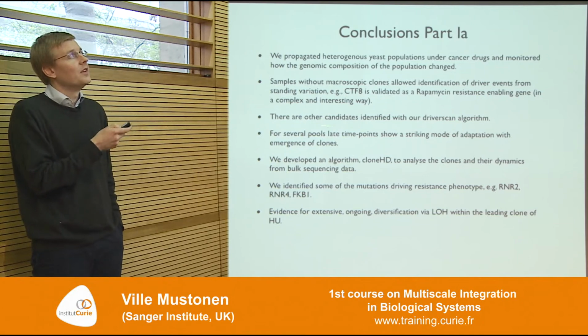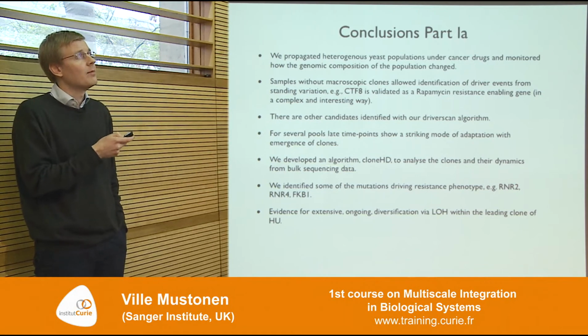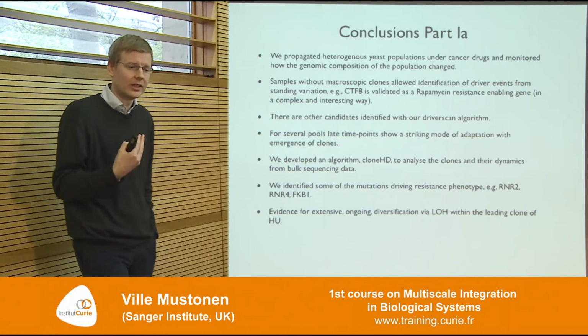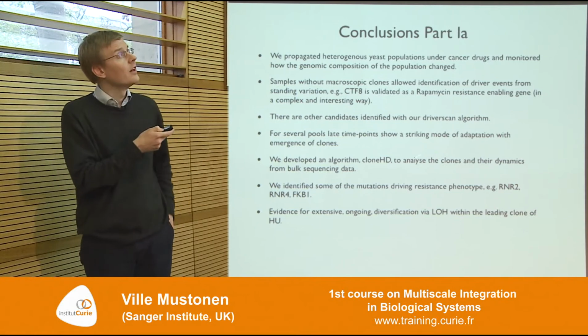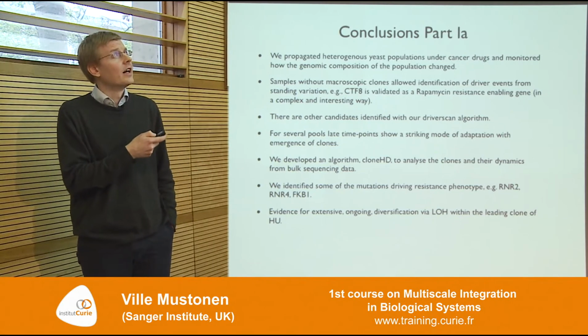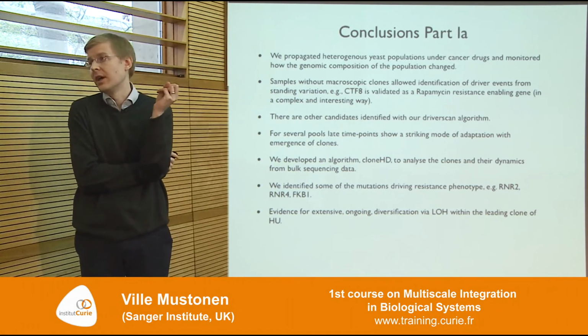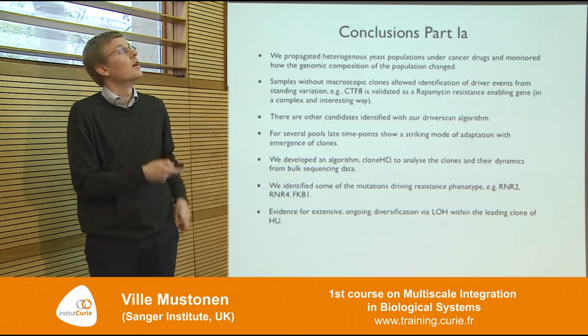And these late time points for several pools show this striking mode of adaptation via the macroscopic clones taking over the population. And they are essentially driven by de novo mutations.